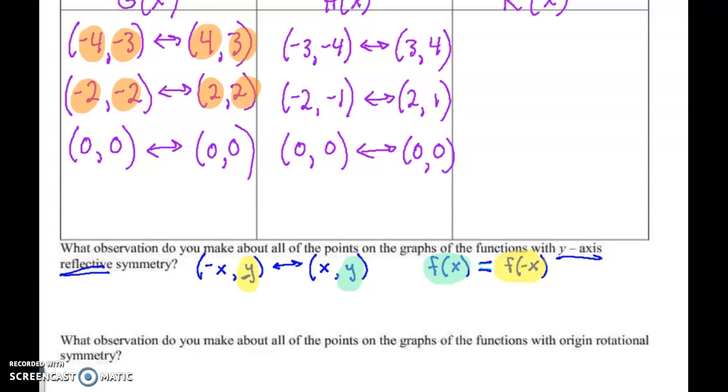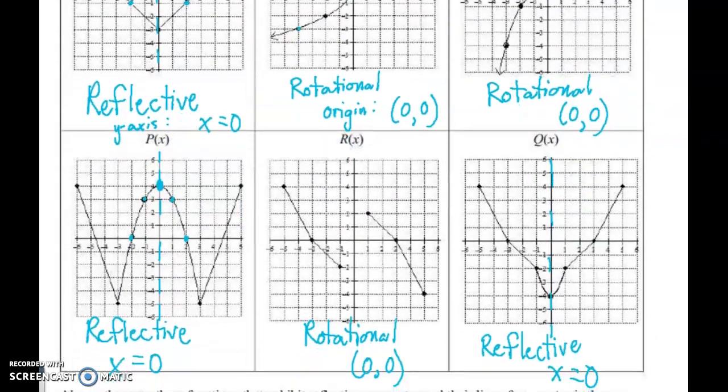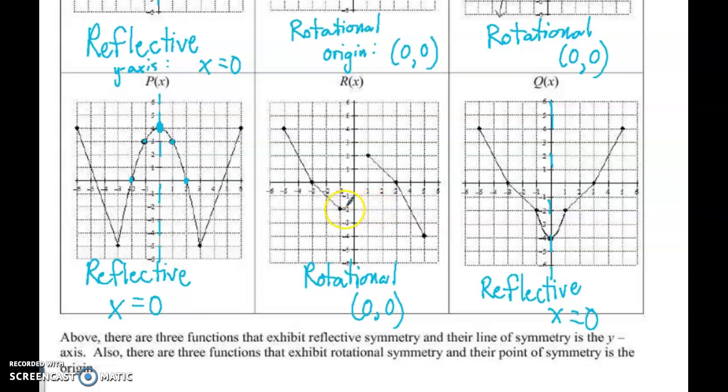But as we look at R of x, the reason why I would like to look at R of x is, does the origin even have to be included for it to be rotational? Oops, I didn't even put that point on there earlier. It does not have to be included to be able to say, oh, well, negative 5, 4 mapped to 5, negative 4.